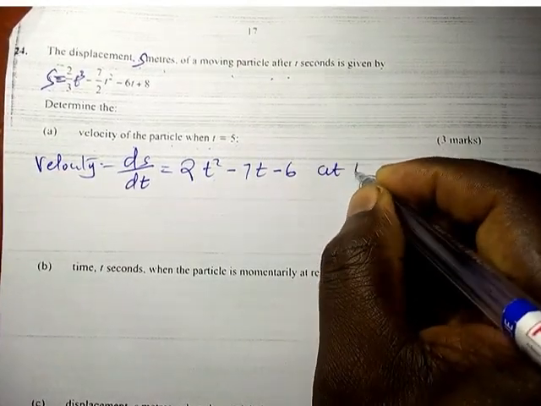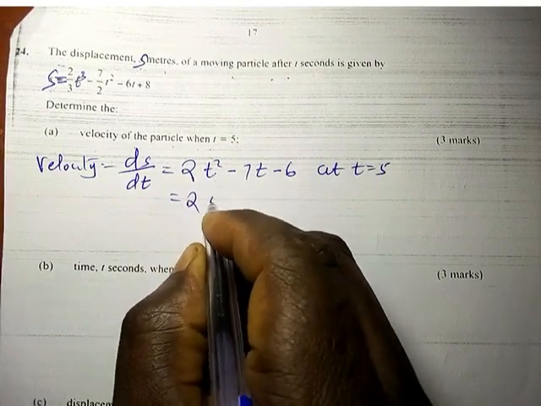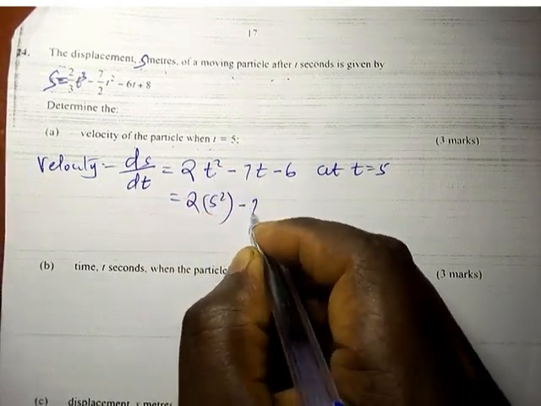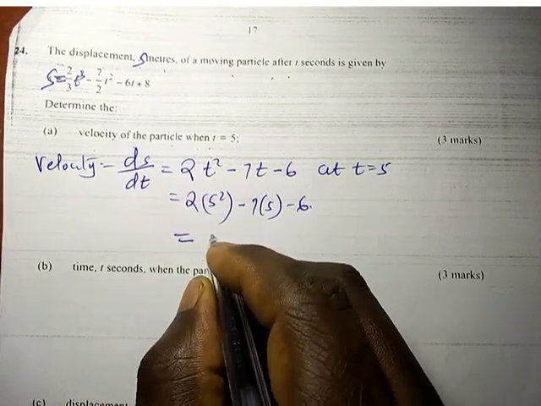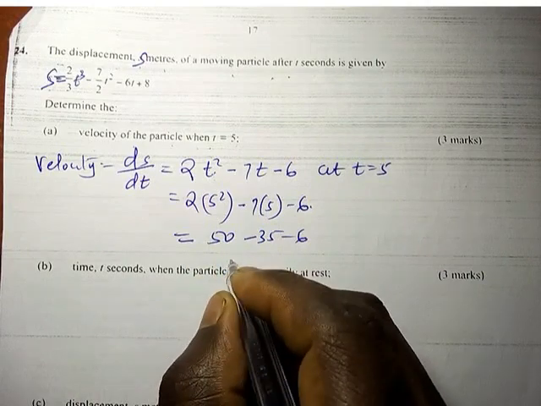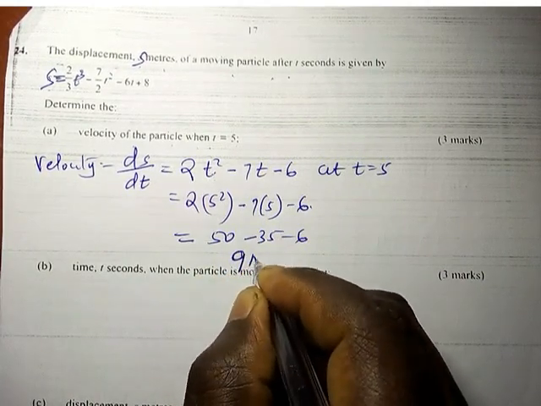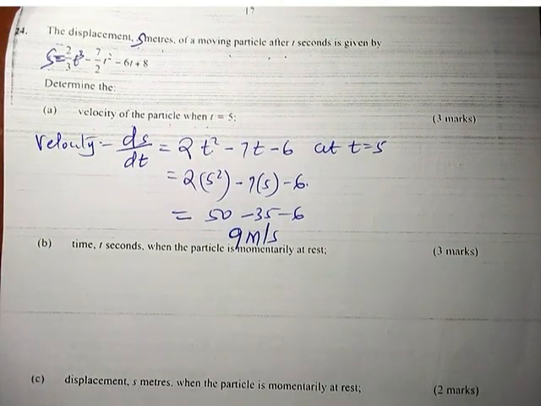But at t equal to 5, now we substitute 5 here. 2 into 5 square minus 7 into 5 minus 6. This one gives us 50 minus 35 minus 6. That gives us 9 meters per second. 9 meters per second is the velocity.